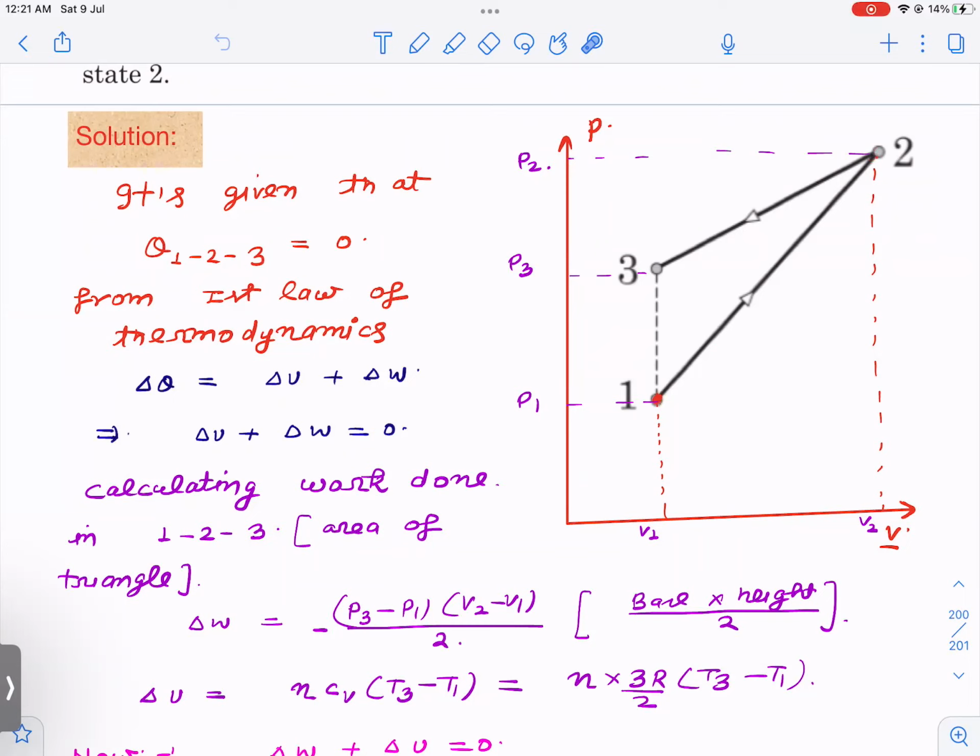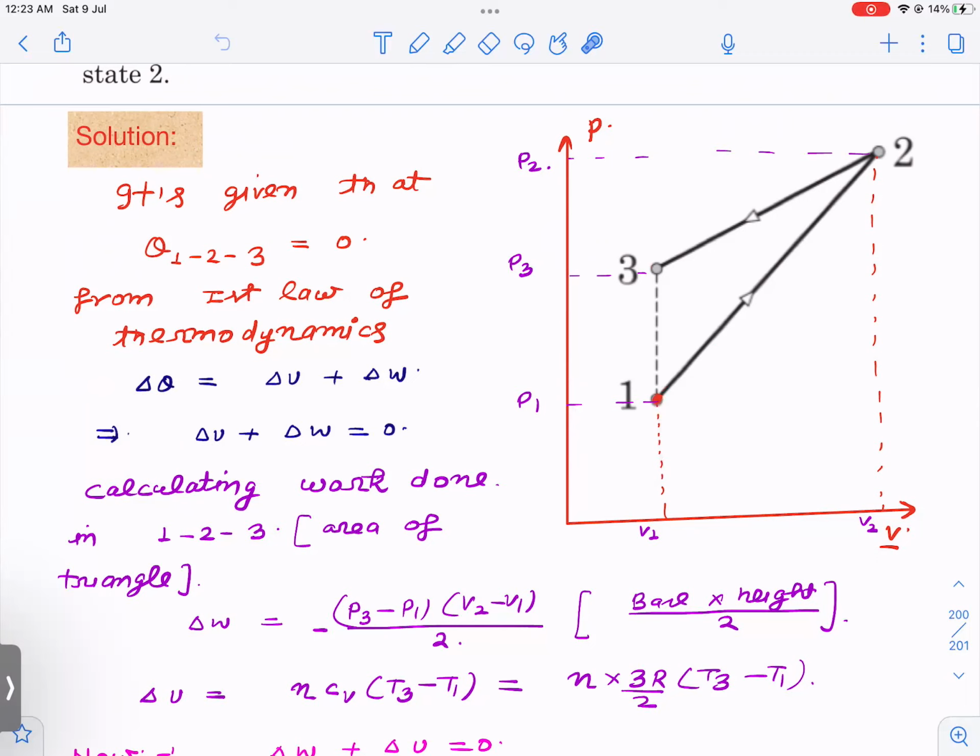You can find that out because the logic here is that from here to here, the entire heat interaction is 0. If heat interaction is 0, delta W and delta U should have opposite signs: delta Q is 0, so one should be positive and one negative. Now, if I assume this is increasing pressure, then at 3 temperature will be more because volume is the same.